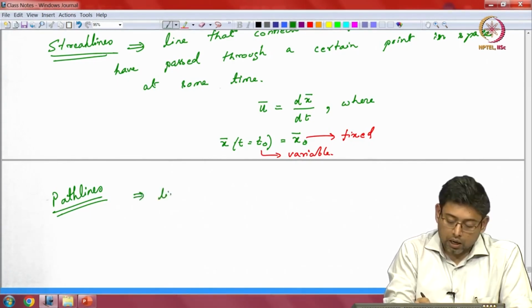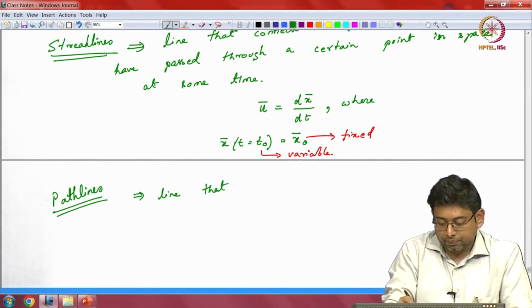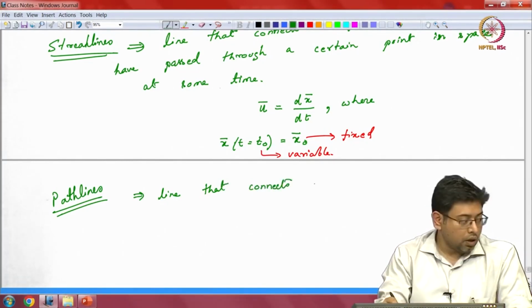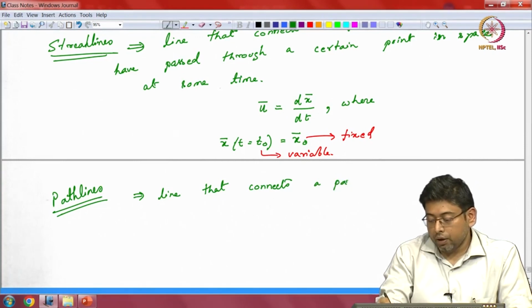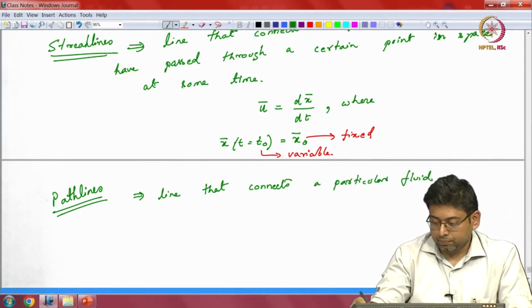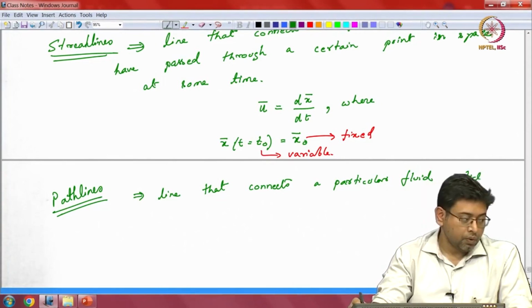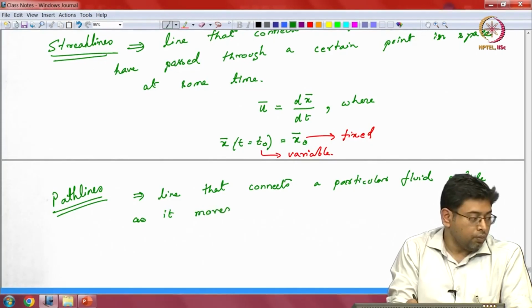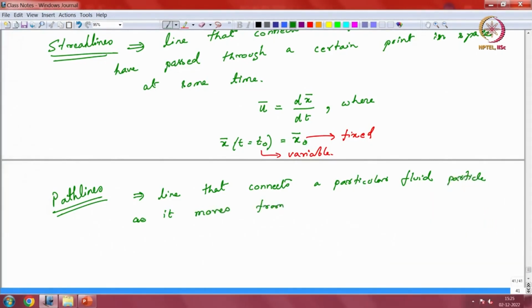So, this is a line that connects a particular fluid particle as it moves from one point to another.